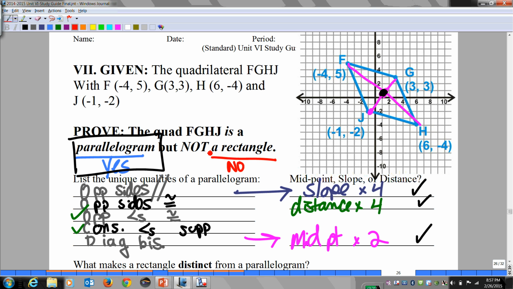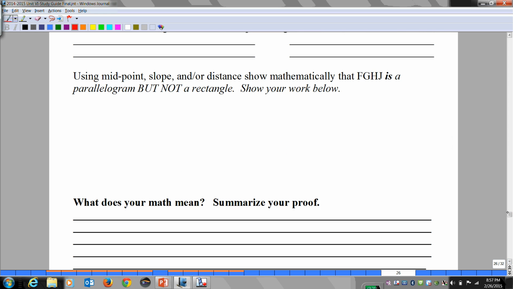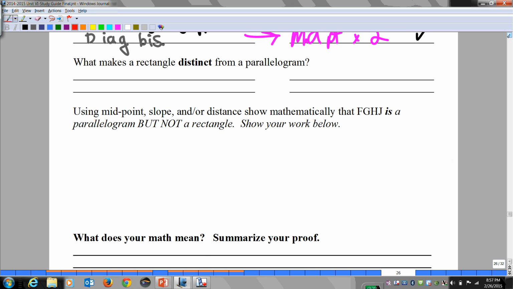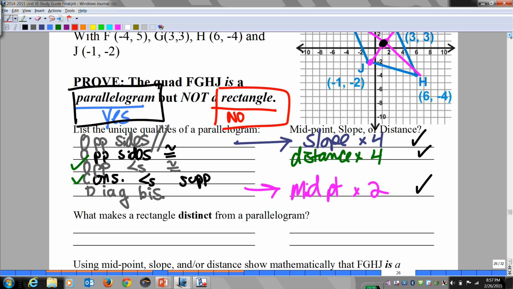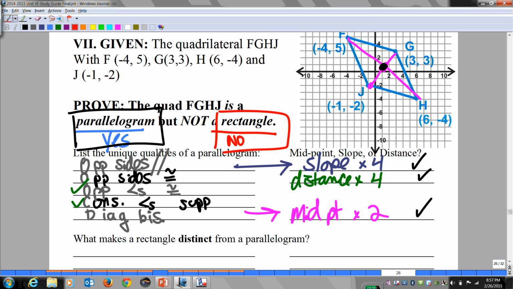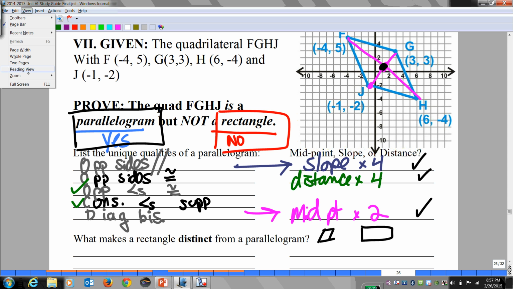But then we need to exclude the fact that it's a rectangle. So we have to ask ourselves, what are some unique qualities of a rectangle? In other words, what makes a rectangle different from a basic parallelogram? So here's a parallelogram, here's a rectangle. And there's 2 main qualities.